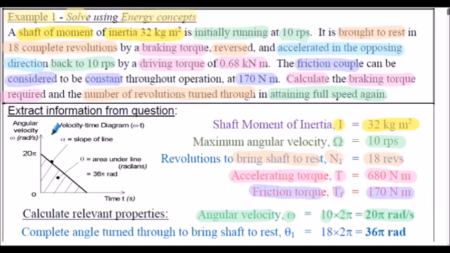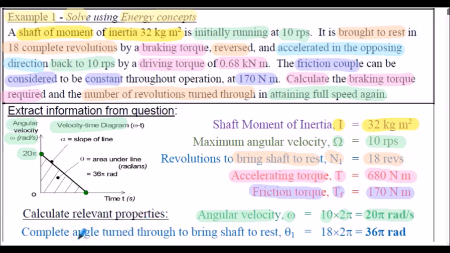So on the left hand side I've got my velocity time diagram. On the vertical axis I have my angular velocity, so there's the 20 pi. That's the initial angular velocity, so that's omega I. We know the final angular velocity for the first part of the question will be 0 because the shaft is being brought to rest before being accelerated in the opposite direction.